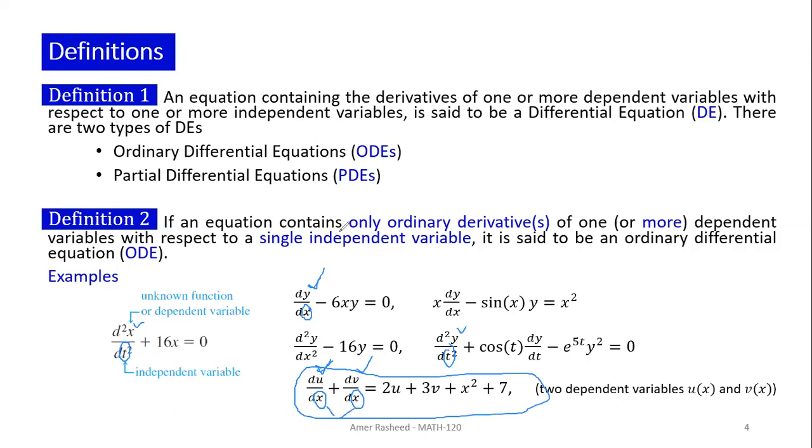So according to the definition, an equation which contains only ordinary derivatives of one or more dependent variables, this is again an ordinary differential equation. I hope you got it. If you have any question, you can ask me.